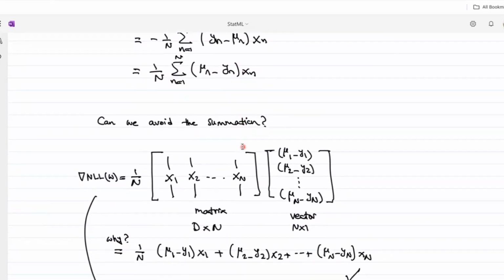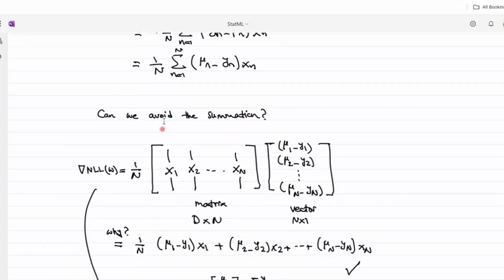To see this, let's just consider this 1 over n and define a matrix where these vectors x1, x2 to xn, so these are the n data points, and each data point is a d-dimensional vector. So we're gonna put them next to each other vertically.